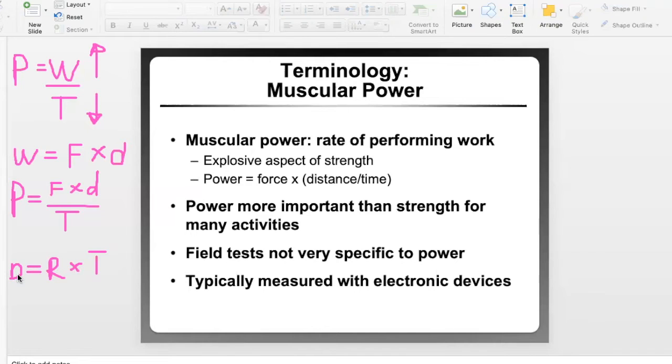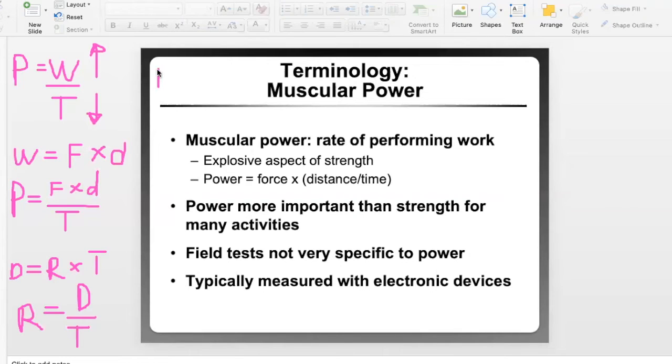And therefore, rate is equal to distance divided by time. That's velocity, right? Miles per hour. So that means that power is equal to force times velocity.